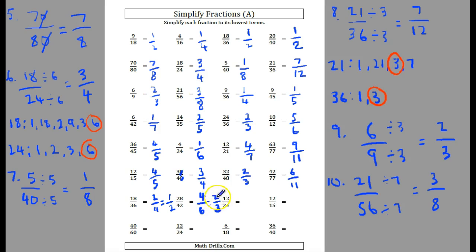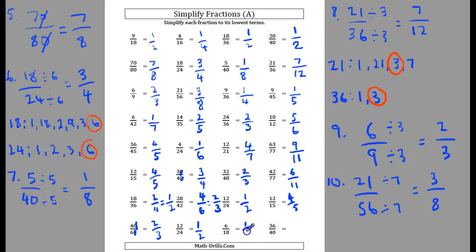Nothing wrong with doing that as long as your final one is the simplest one. Okay, so this is a half, nice easy one. 12 over 15 we did before up here, so 4 over 5. Here, remember we cross out the zeros and we're left with 4 over 6. Now that can be simplified to 2/3. Here we go, a half. I think we had that one before.